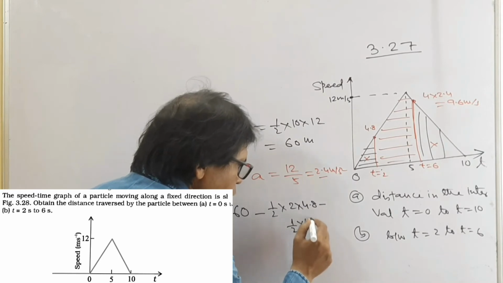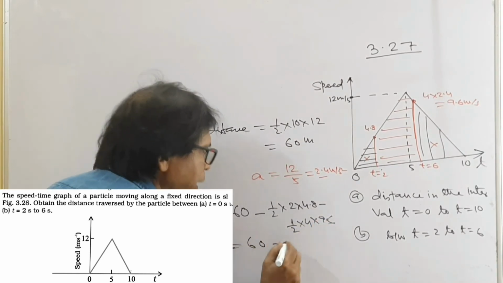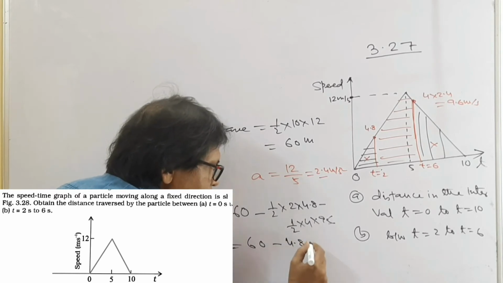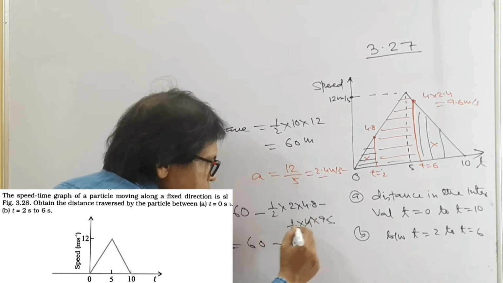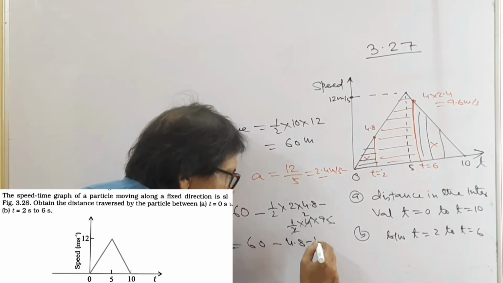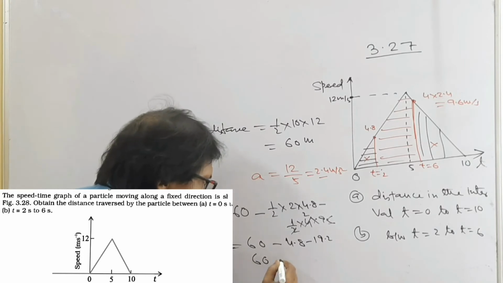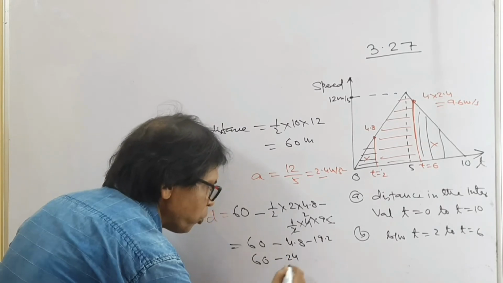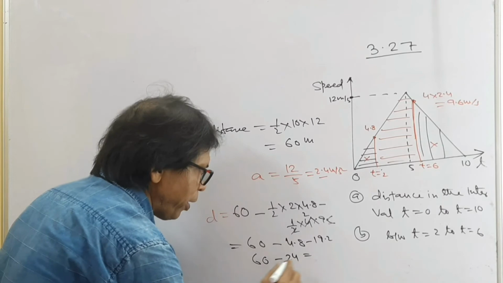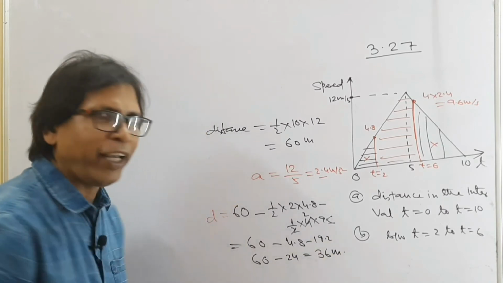So this is 4 into 9.6. So this is 60 minus 4.8 minus, the 2 cancels out, so this is 19.2. So 60 minus 24, so total distance covered is 36 meter. Okay, understood?